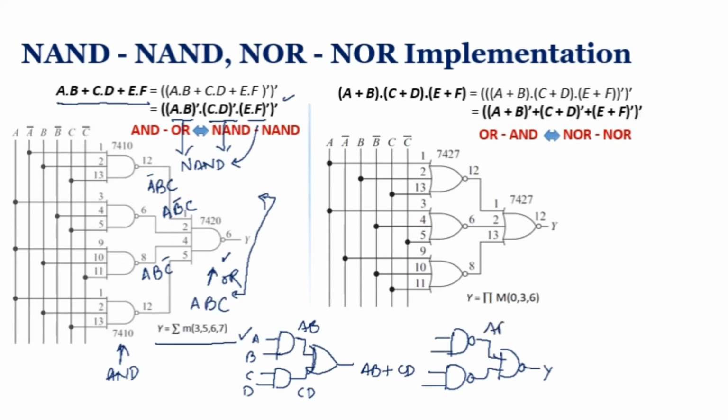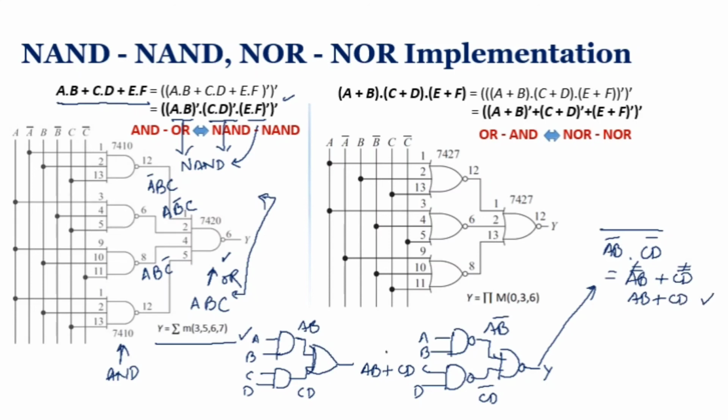So here it will be AB bar, here it will be CD bar. So AB bar dot CD bar whole bar, and when De Morgan's theorem is applied, AB double complement plus CD double complement, so double complement gets cancelled out, so remaining term is AB plus CD, which is exactly equal to your this version.